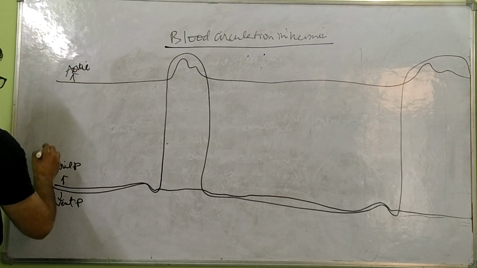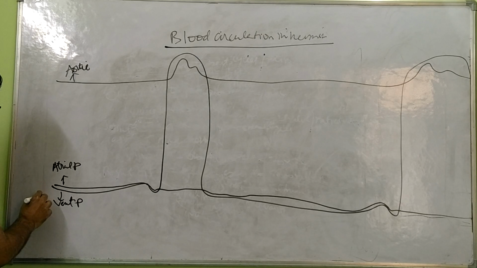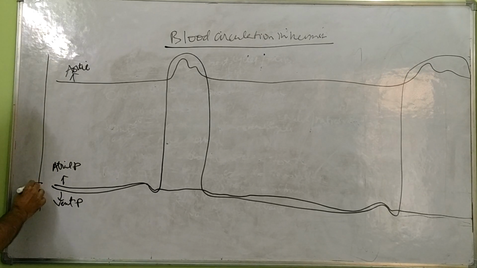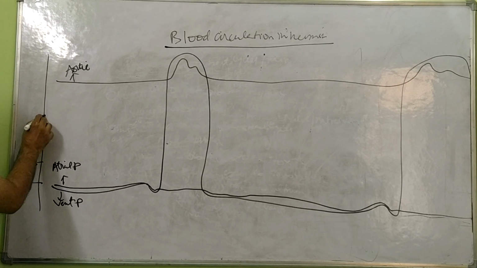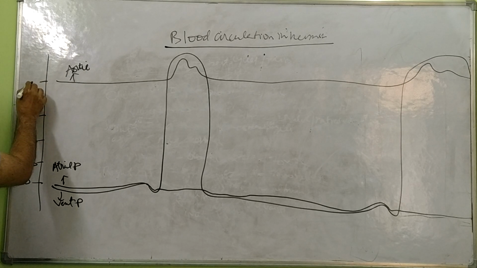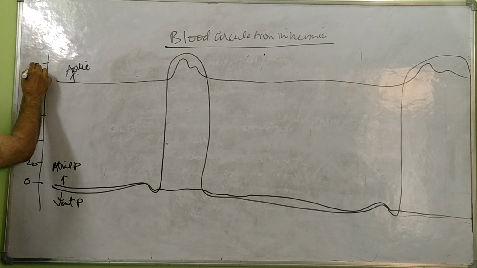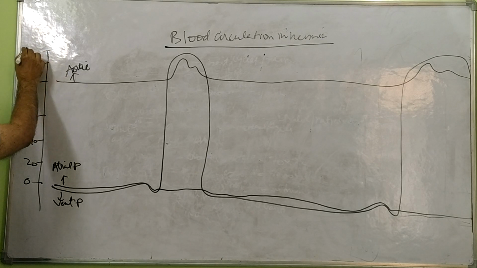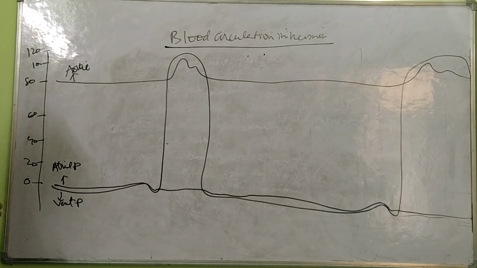In terms of its values, these two, ventricular and atrial pressure, are near zero value, 0 mm of Hg, and after that 20, then 40, then 60, and then at the base of the aortic pressure it is 80 mm of Hg, after that 100, and at the peak of ventricular pressure it is 120 mm of Hg.